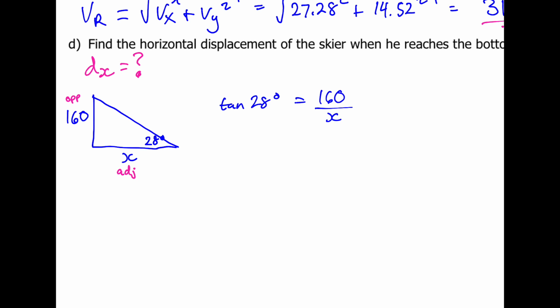Yeah, and so then that would make x equal to 160 over tan 28. Yeah, that's how that will go. Great. 160 divided by the tangent of 28 degrees.